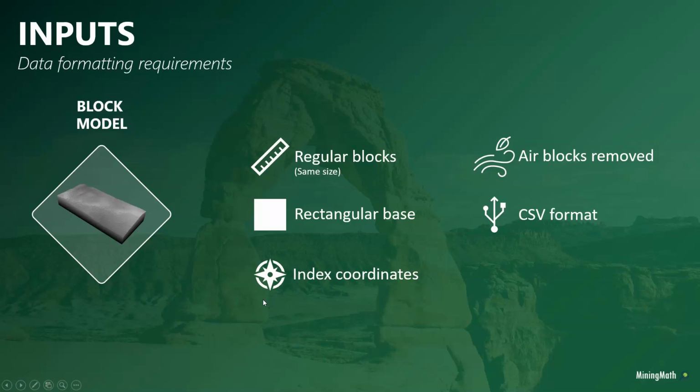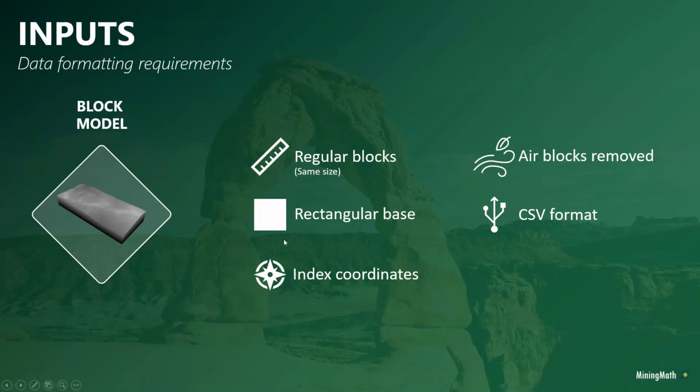You also need index coordinates, which are IJK coordinates basically. They should be sorted from the smallest value up to highest value. And I'll also notice that, for example, MineSite users, when creating index coordinates, the MineSite software starts counting the Z indexes downwards, and MiningMath will recognize this.